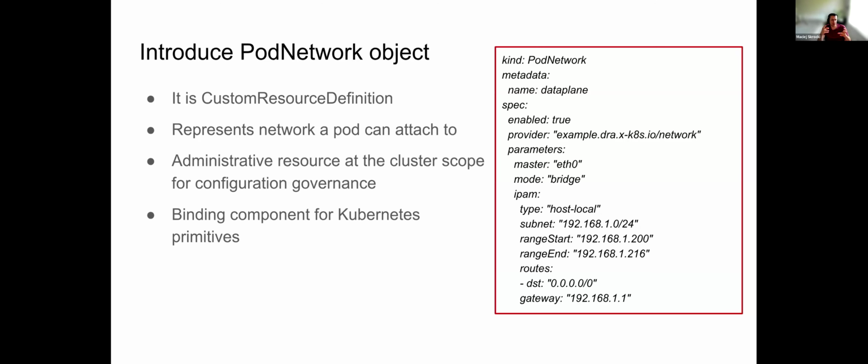And lastly, the main thing here is to have a binding component for the Kubernetes primitives in future-looking work. For example, I want serviceability on a specific network, or network policy on a specific interface, right? I have an example here of how the object looks.